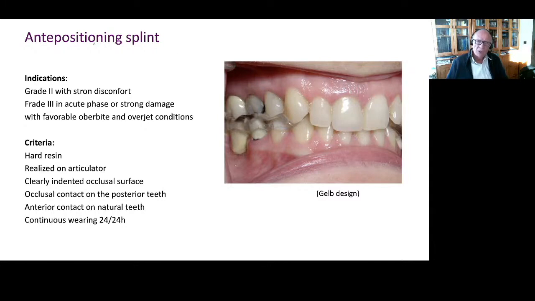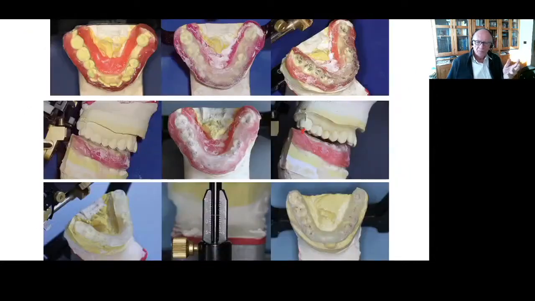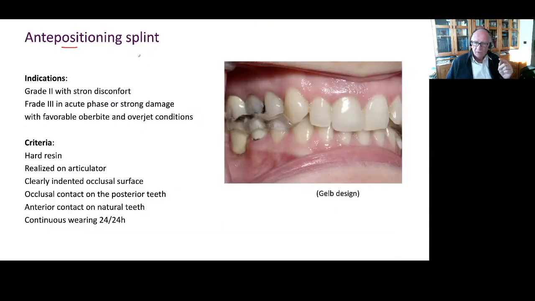But repositioning, for me, repositioning means anti-positioning. Almost 100% of cases, repositioning is not very frequent because it is invasive treatment.